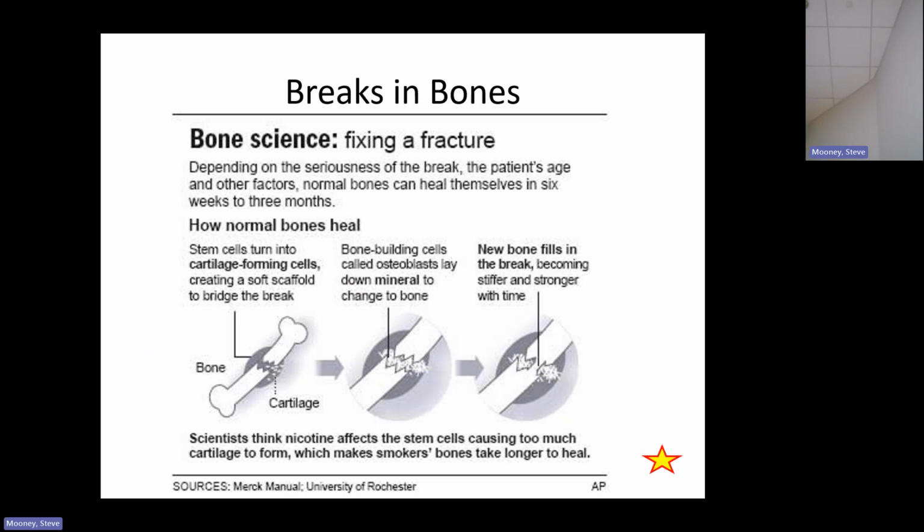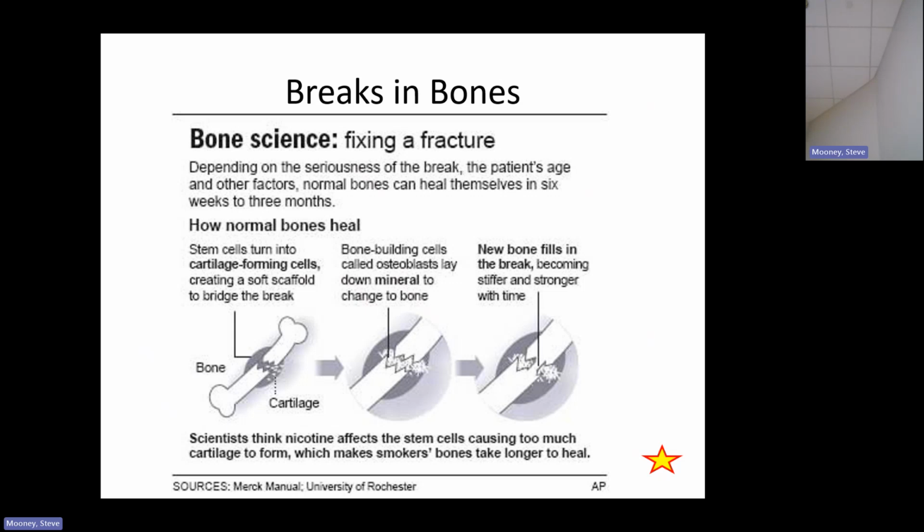So thinking about breaks in bones, big ones, little ones, we have a pattern of behavior here that's very similar to what happens at the growth plate. If we have some sort of break, we have our stem cells, our osteoprogenitor cells, coming in.